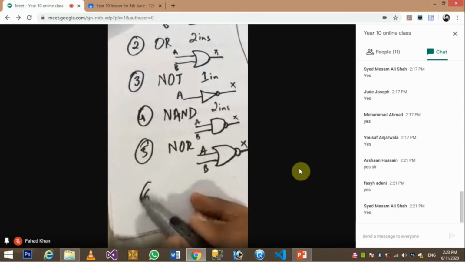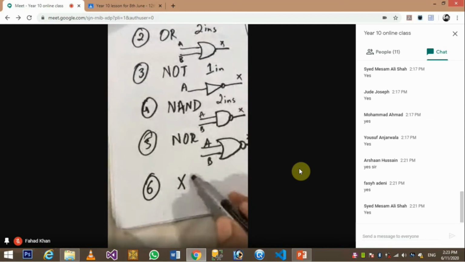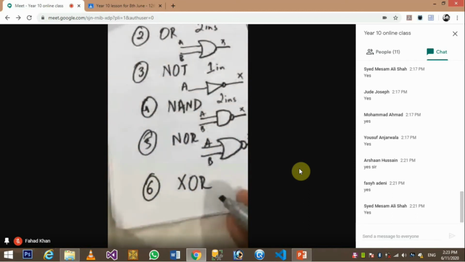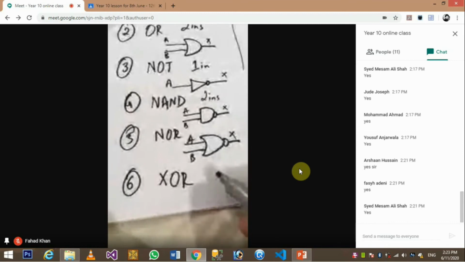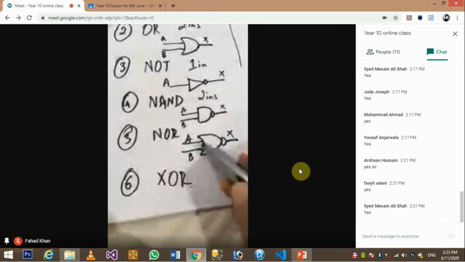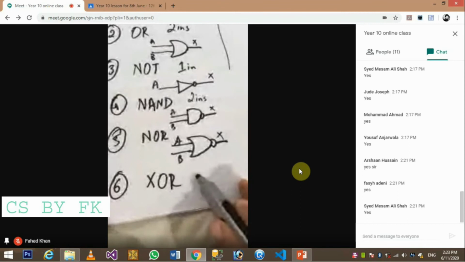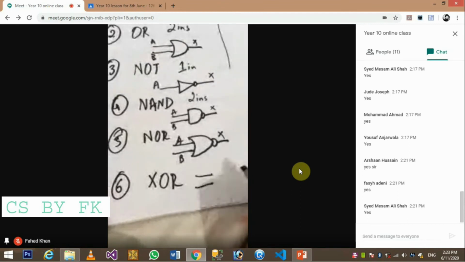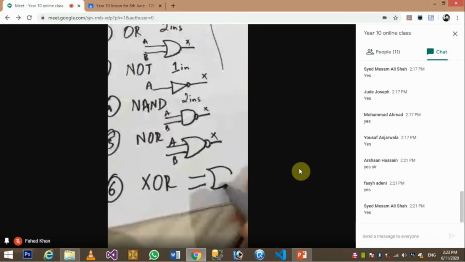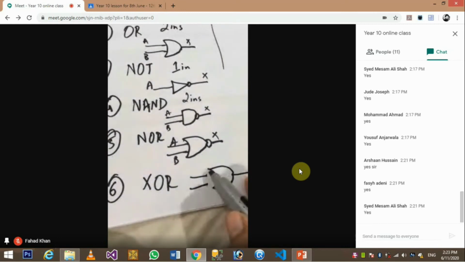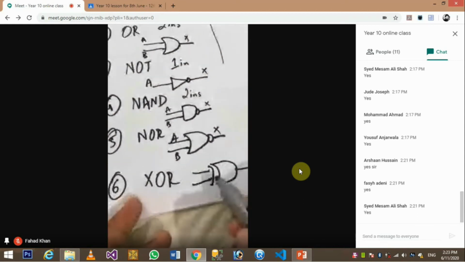The last one, the sixth one, and a very important one, which is XOR. XOR has a similar representation to OR, but it has a very tiny filter before the NOT gate.